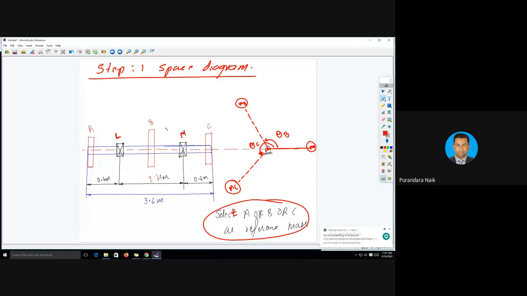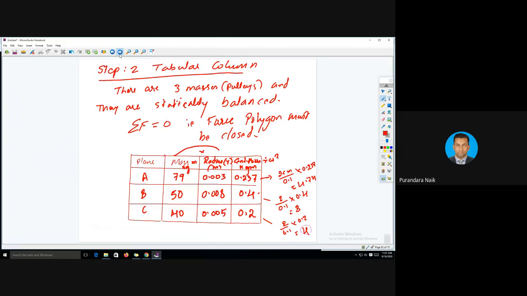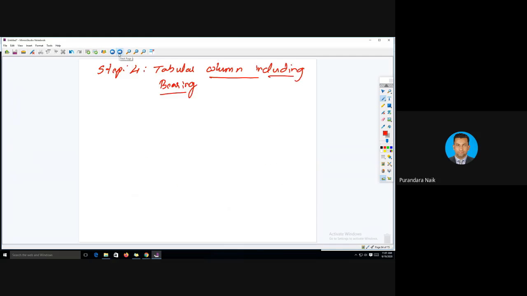L lies between A and B and M lies between B and C. So we need to consider 5 elements: 3 pulleys and 2 bearings. So I'll take a tabular column with 5 rows, because of including 2 bearings.